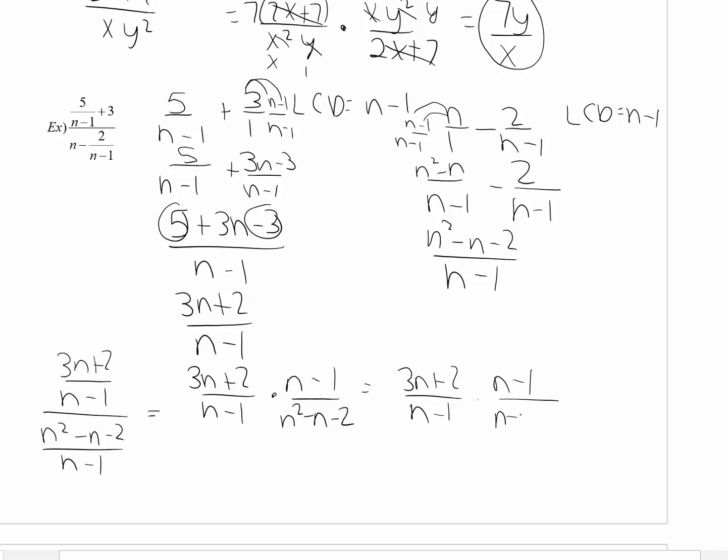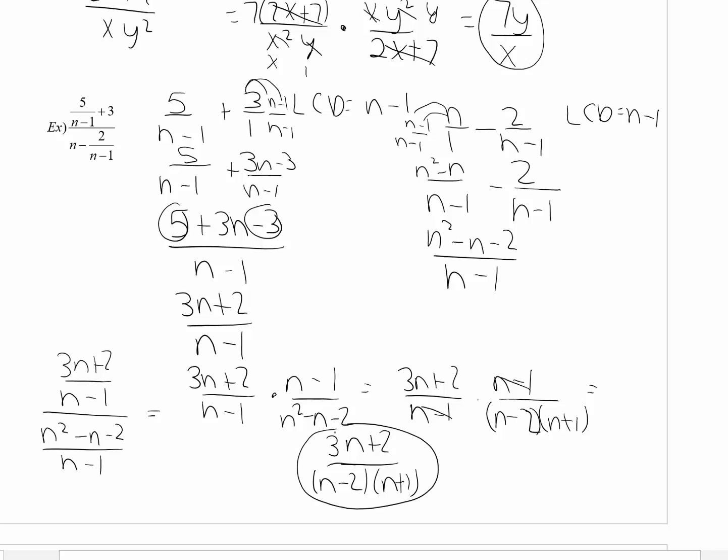So that factors to be n minus 2 and n plus 1. Now, the n minus 1's divide out. No other factors divide out. So we'll rewrite it as 3n plus 2 divided by n minus 2 times n plus 1. And this complex fraction cannot be simplified any further.